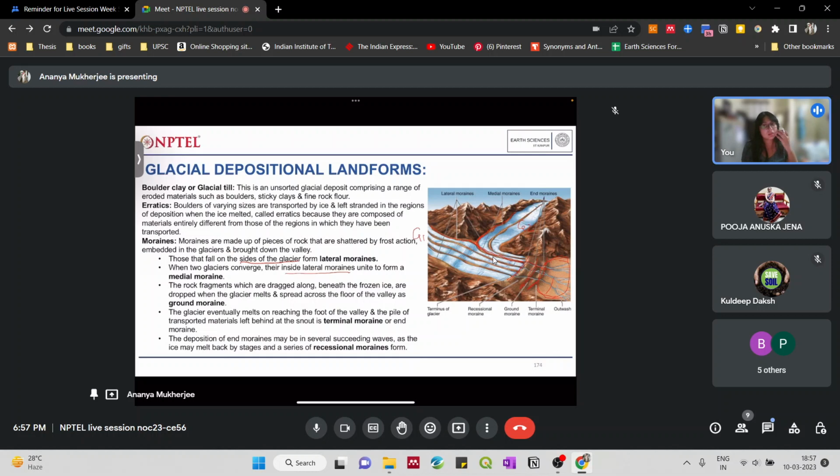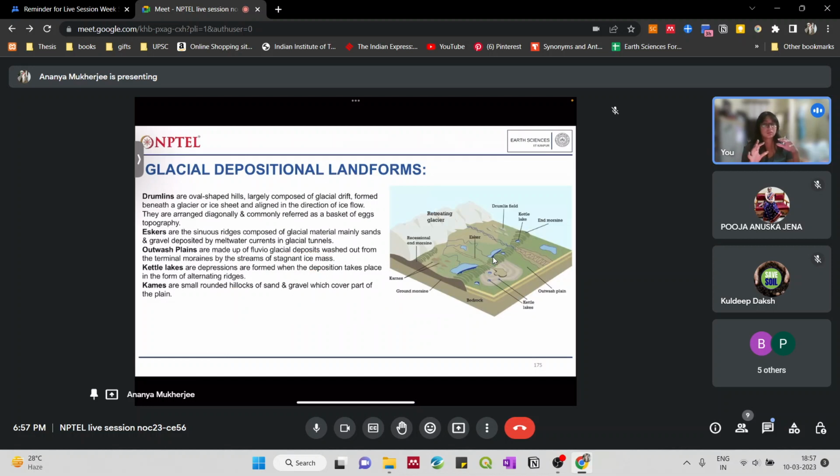There are some other depositional landforms also associated with glaciers. You can see these over quite large areas, and you will find all different sorts of glacial landforms in that place. Over here you can see drumlins. When drumlins occur together in groups, they are called a basket of eggs.